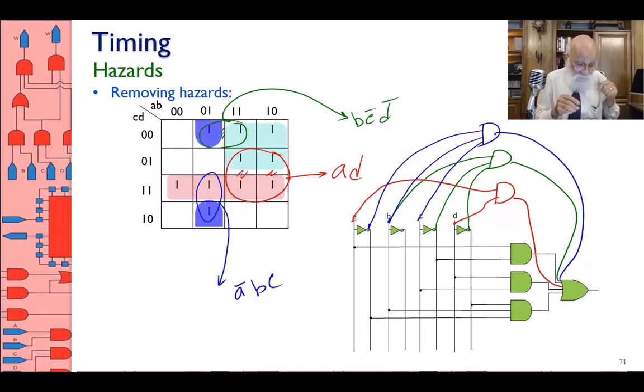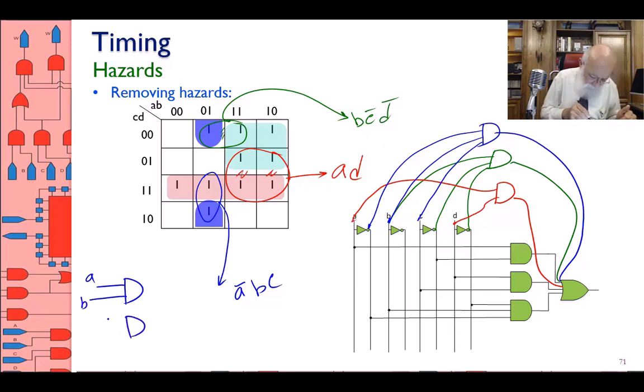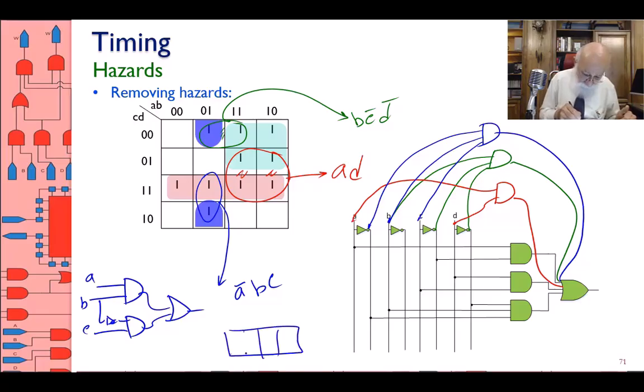So let me also do that original circuit we did. This is A, this is B, this is B bar, and this is C. Okay, this was an OR gate. Okay, this was the Karnaugh map. A, B, C, 0, 0, 0, 1, 1, 1, 1, 0, C, 0, 1.